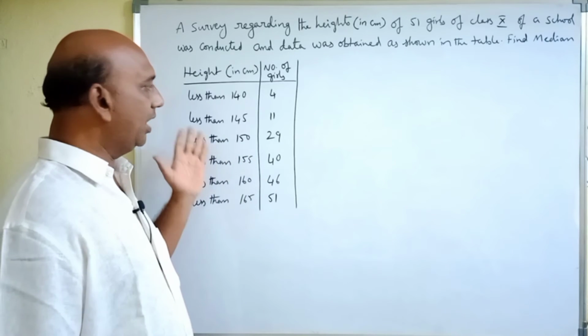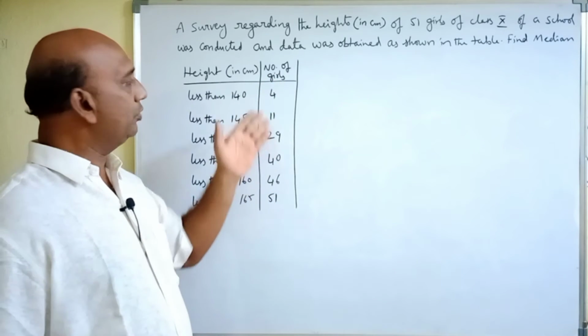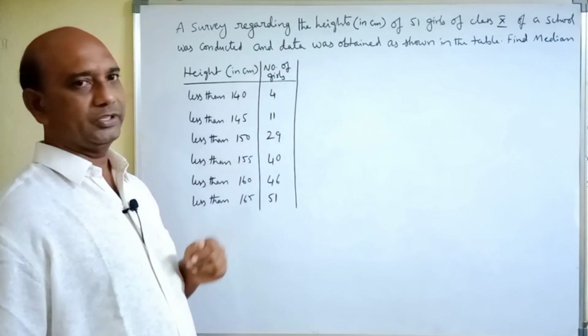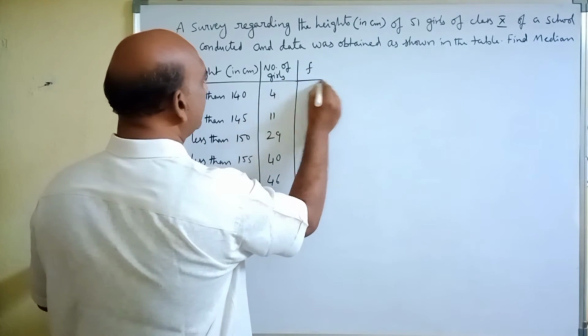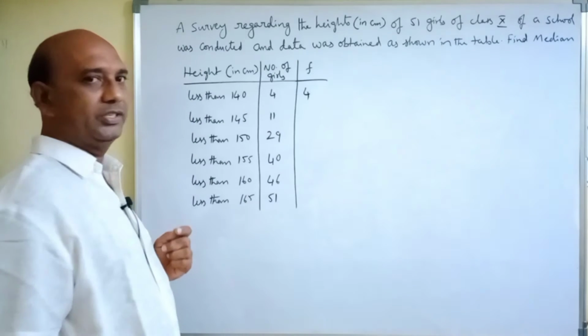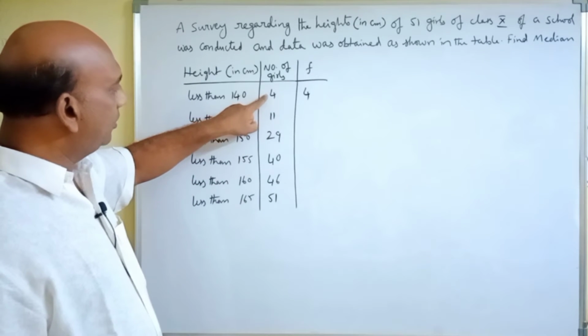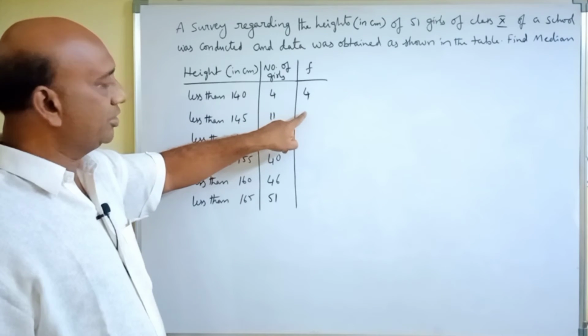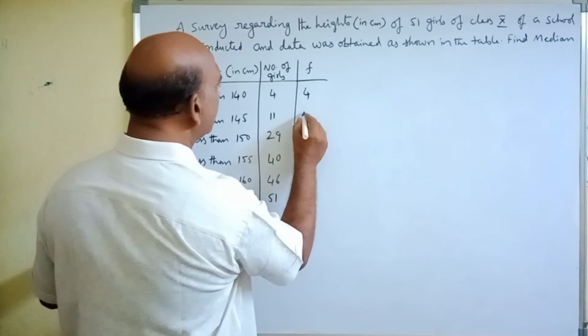But class intervals and frequencies are not given, and these are the cumulative frequencies. So we have to find the frequencies first. The first frequency is as it is, and then from 11 subtract this 4, and that will be the second frequency. That is 11 minus 4 is 7.